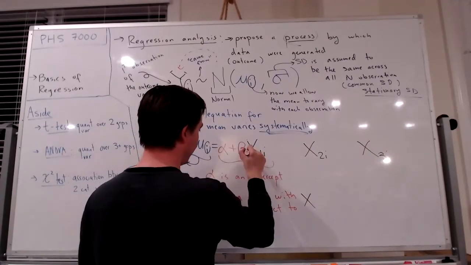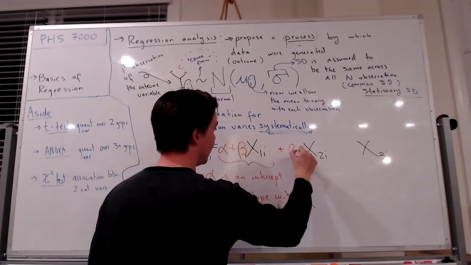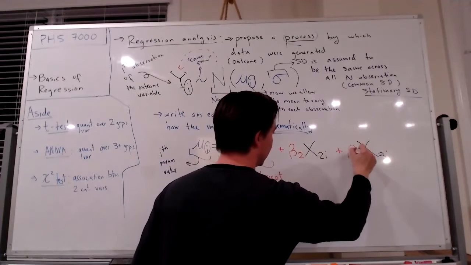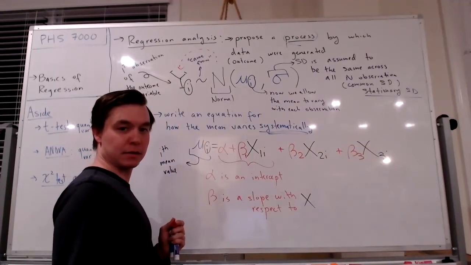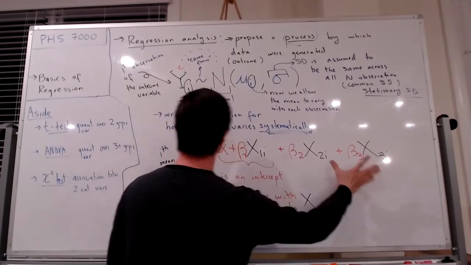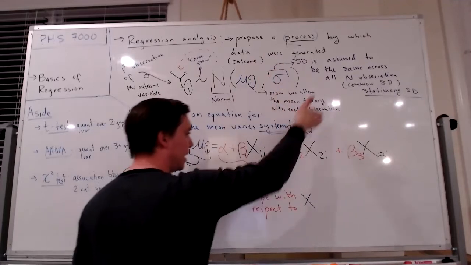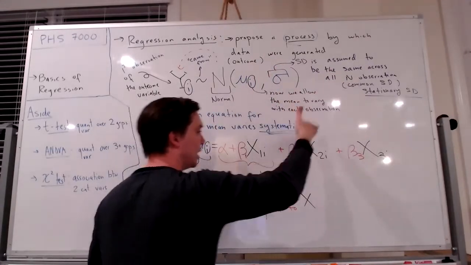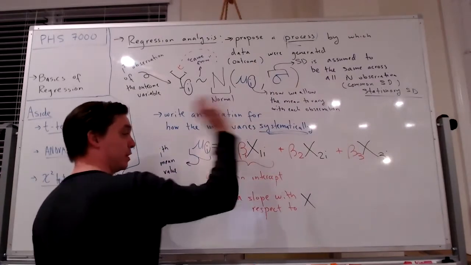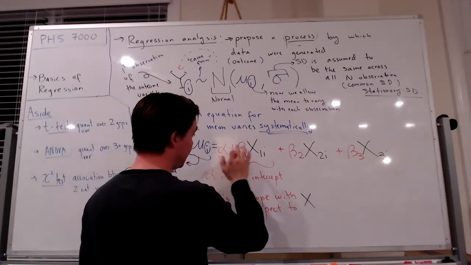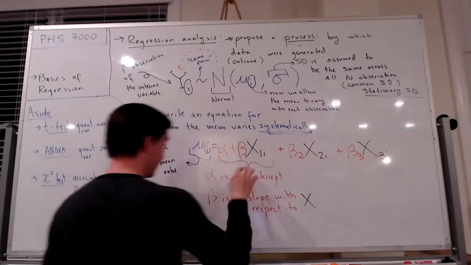So you have beta 1, beta 2, beta 3. So you have measured your response variable. You have measured 3 predictors, 3 explanatory variables. You input them into your software routine. Alpha, beta 1, beta 2, and beta 3 are estimated from the data.